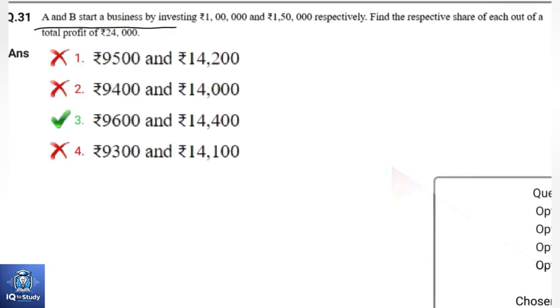A and B start a business by investing 1 lakh and 1,50,000 respectively. Find the respective share of each out of a total profit of 24,000 rupees.